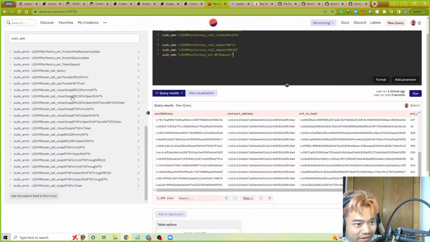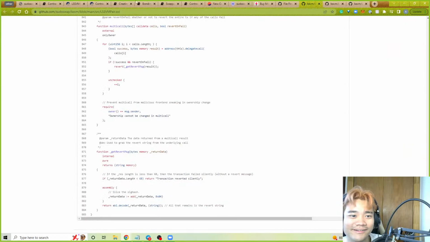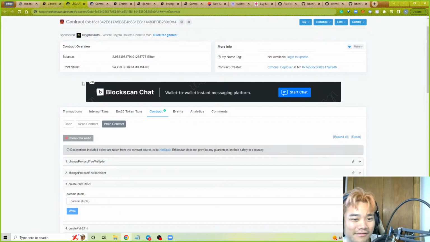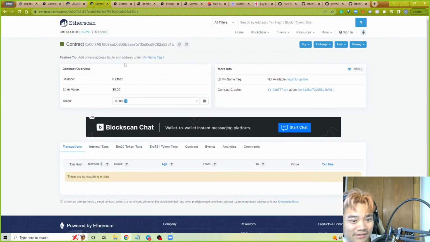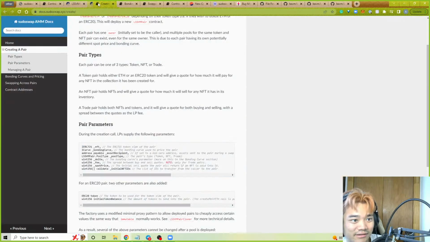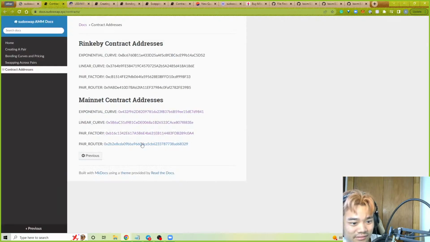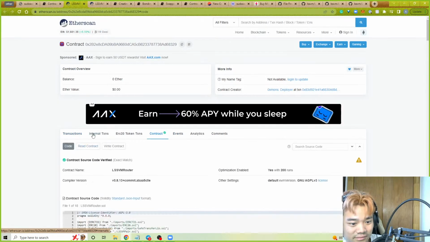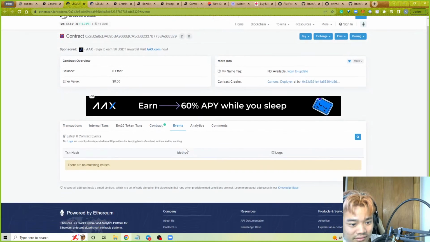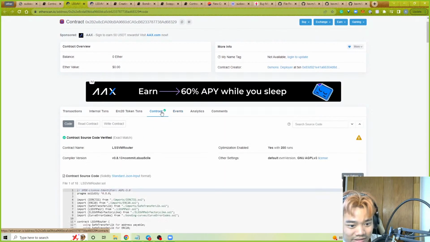Does their router not have any events? Really? Okay, which one was the router? Was this the router? That's the factory. That's the pair. Pair router. Oh lord, the router has no events.